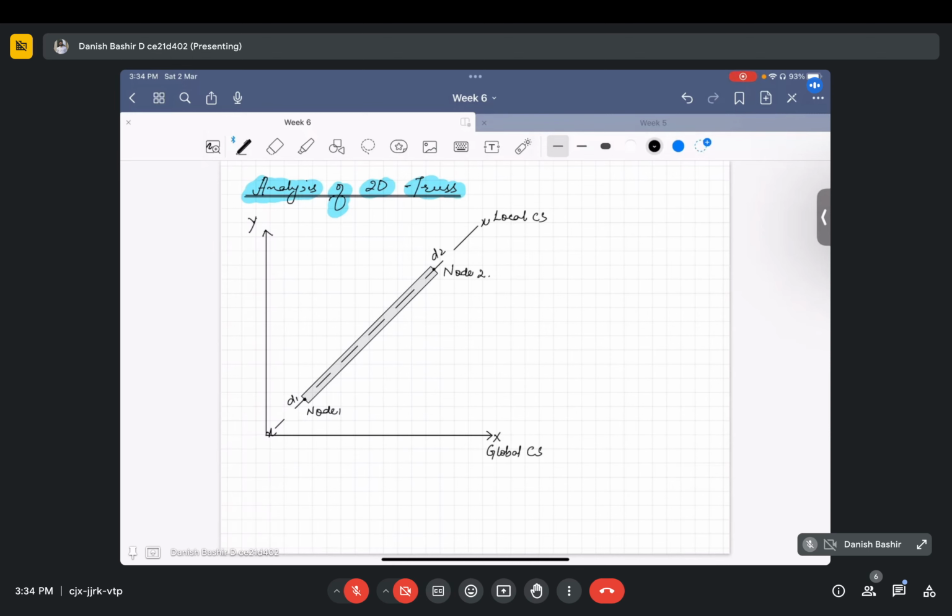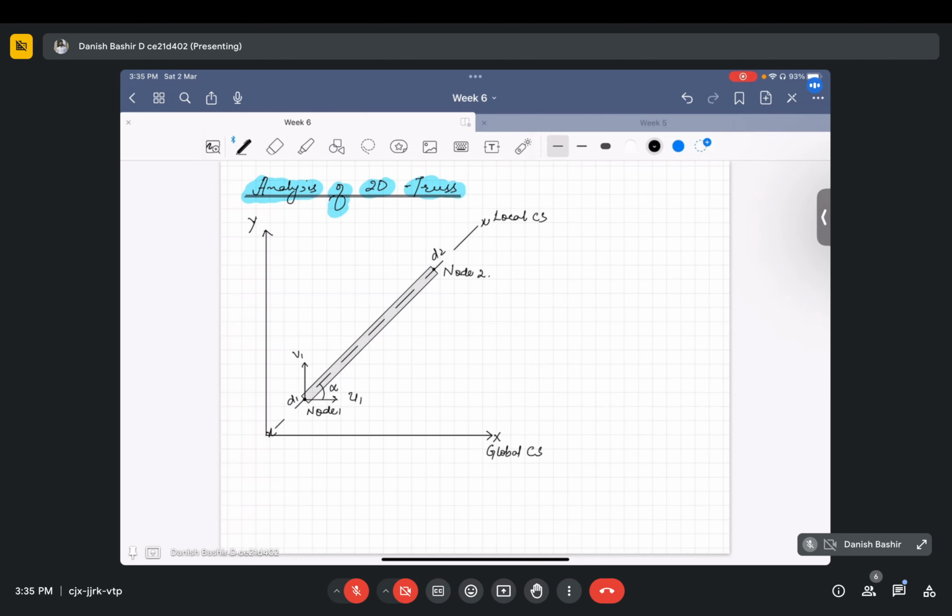okay? So what we can do is that this displacement d1, we can take its components in the global coordinate system to be u1 along the global axis, with orientation alpha, and v1 along the y axis.